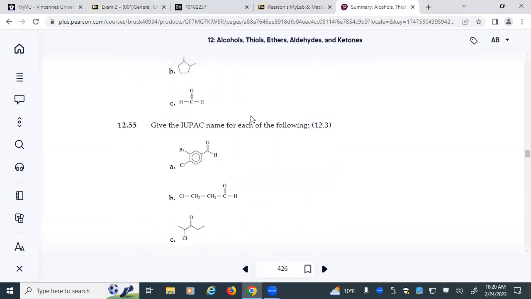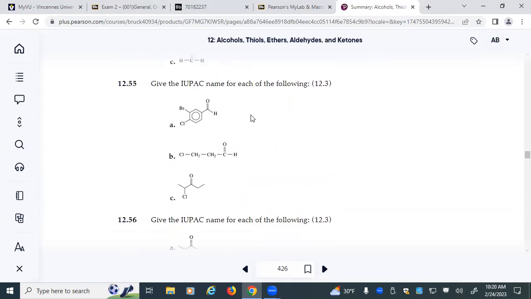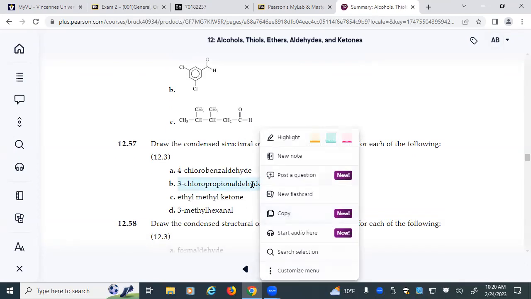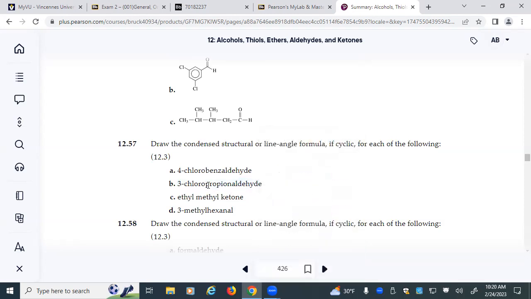Okay, so it's not about -al versus aldehyde. It's about common system versus IUPAC system. The common system name for a 3 carbon aldehyde would be propionaldehyde, which is what is featured here in 57B. Propionaldehyde would indicate a 3 carbon chain that is an aldehyde, and then you have a chloro group in the 3rd position, which would be at the end of that chain.